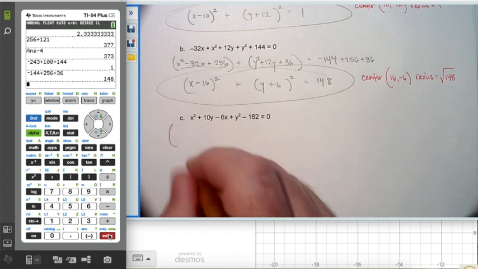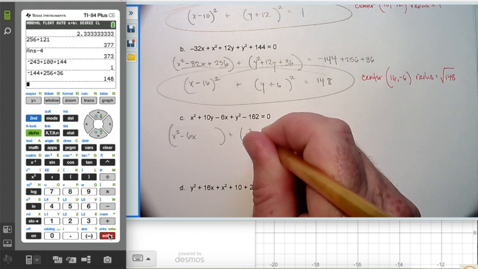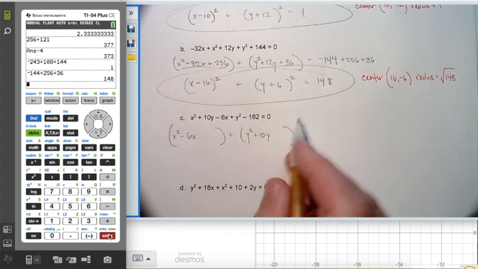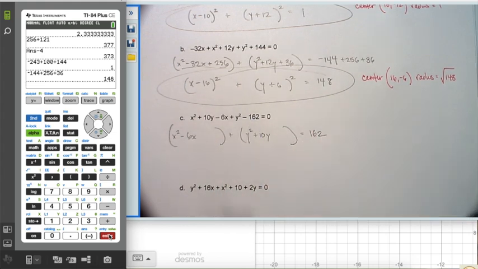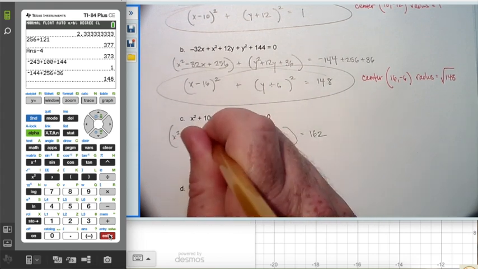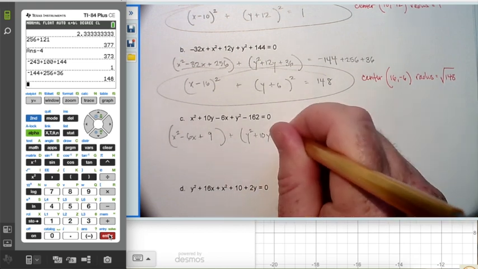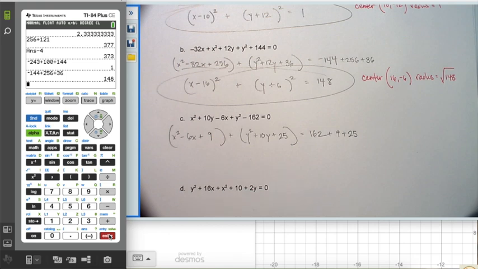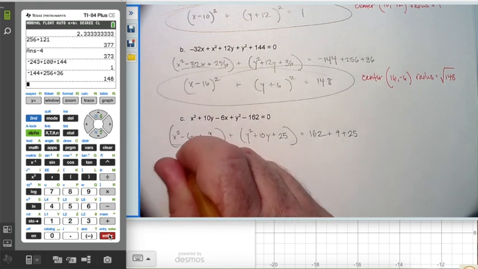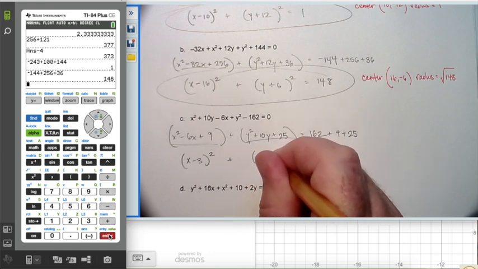All right, a third example. Group the x terms together, x squared minus 6x plus, leave a space, y squared plus 10y, and leave a space. Kick the negative 162 to the other side, call it positive 162, complete the square. Half of 6 is 3, squared is 9. Half of 10 is 5, squared is 25. Clean up the equations, factor and clean up things. X minus 3 squared should be the first set of parentheses.